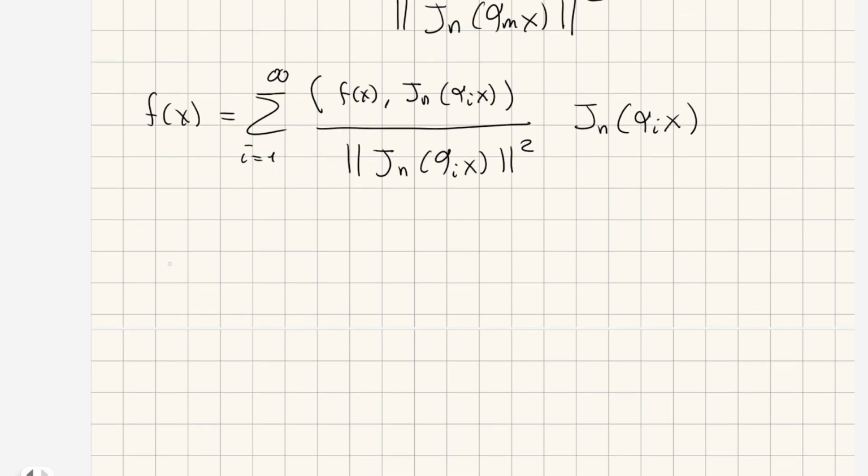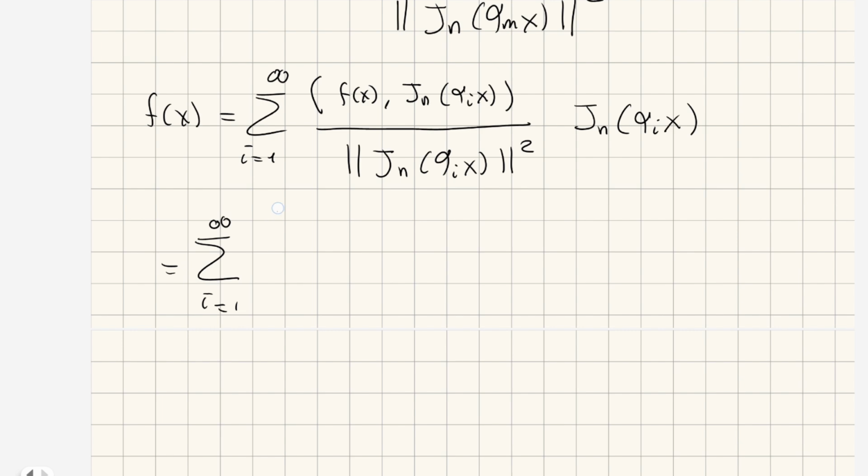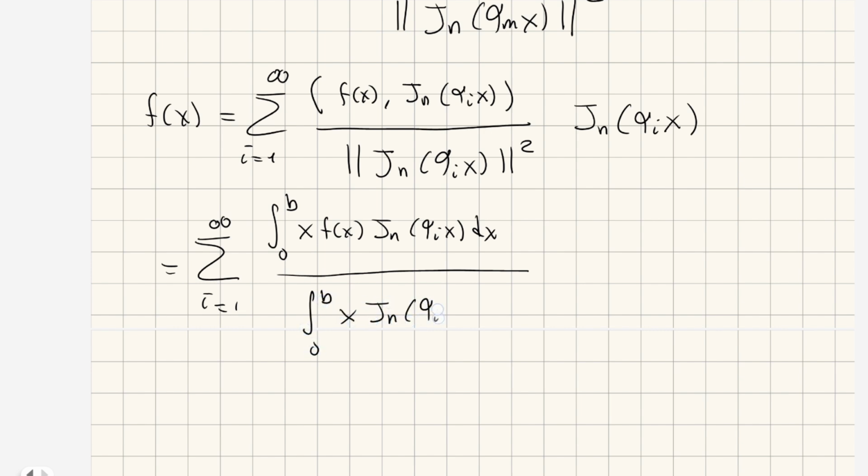Okay, we can see this in a different way as the sum from i equals 1 up to infinity of the integral from 0 to b of x f of x Jn alpha i x dx, and then here the integral from 0 to b of x Jn alpha i x squared dx, and then this all multiplies Jn alpha i x.